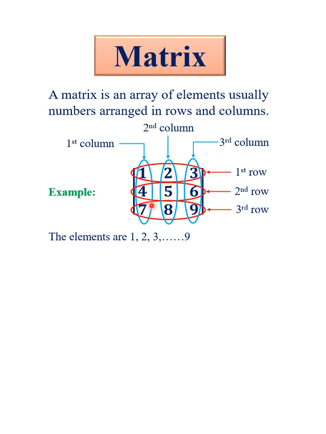So looking at this matrix, it has 3 rows and 3 columns. And that defines the order of the matrix. And the order of the matrix is read as the number of rows by the number of columns. Rows first before columns.